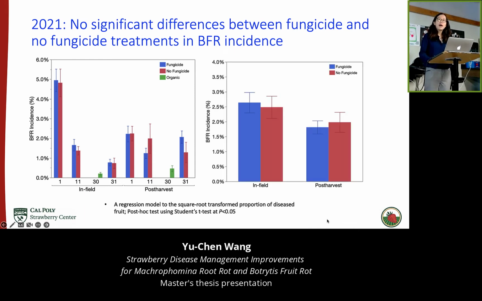And if we combine all the conventional fields, we don't see any differences between fungicide and no fungicide, whether in-field or post-harvest. For the in-field data, we have an incidence of about 2.5%, and for the post-harvest, about 1.5 to 2%.